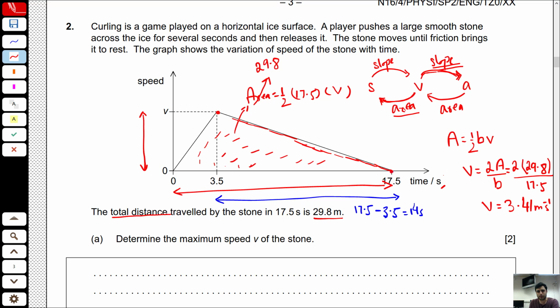So we have to find the slope for this line, not this one, because we're only considering the last 14 seconds during which the body is decelerating. So how do you find the slope? In order to find the slope, you draw this triangle, and then you do rise over run.